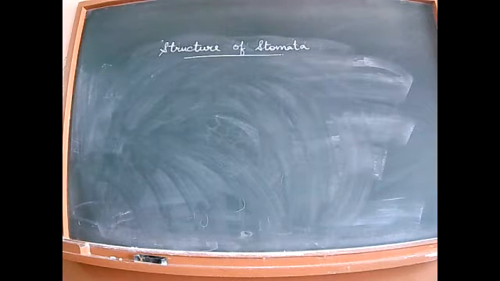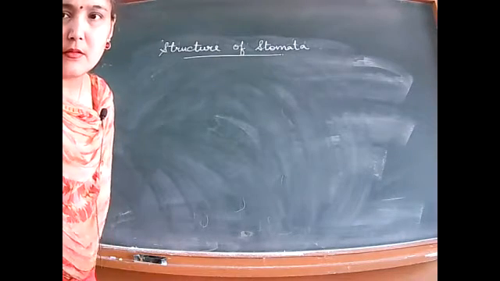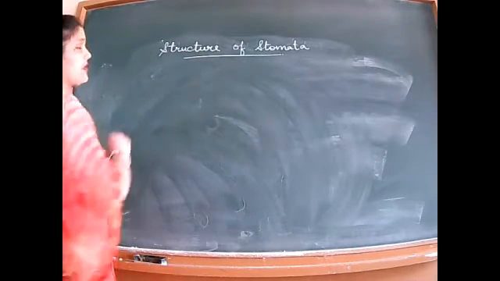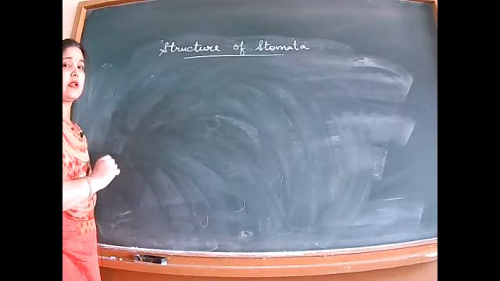Fine. So stomata, as we have said, comprises the guard cells, and these guard cells, what shape do they have? That is a bean shape. Okay, so first of all, what is stomata?